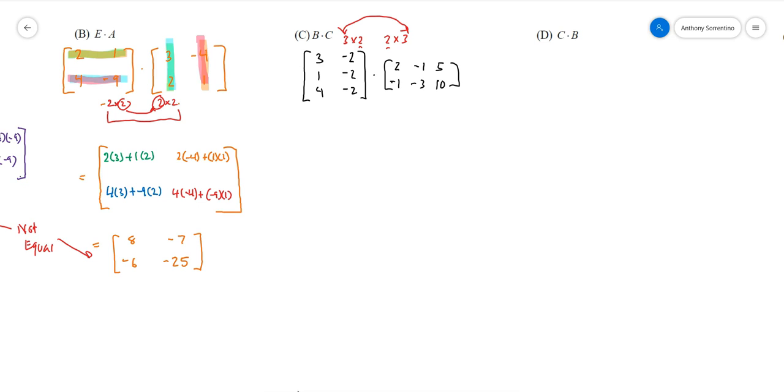So as I do this, and again, I'm going to go row, column, row, column. So I'm going to have this row and this column. So I'm going to have 3 times 2 plus negative 2 times negative 1.